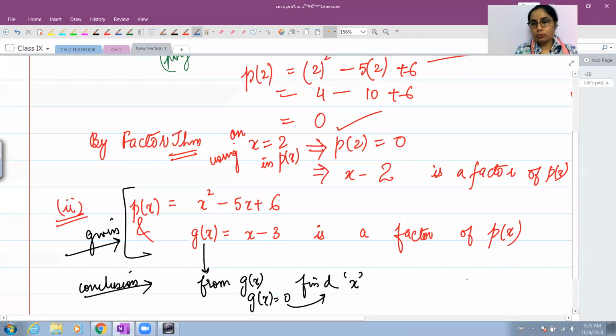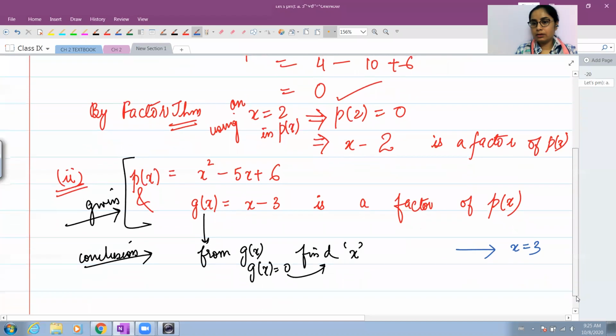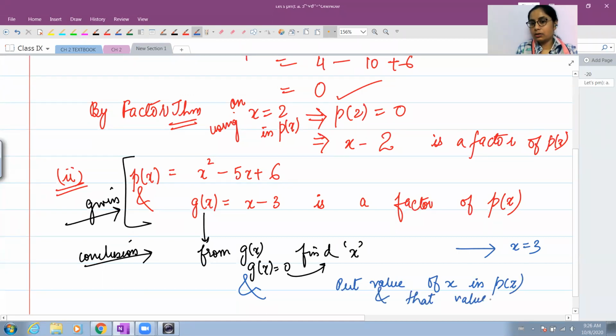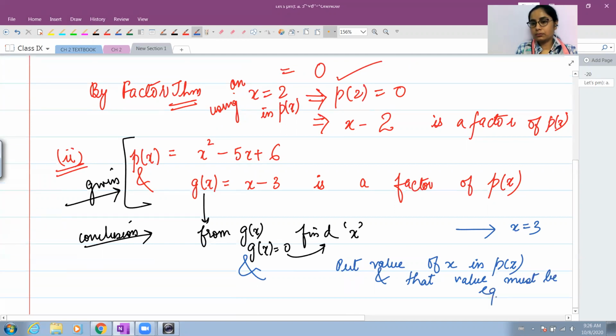This is the conclusion part. And what will happen after this? I will be putting this value of x in px, and that value must be equal to 0. This is the conclusion.